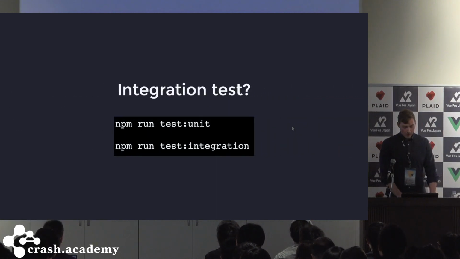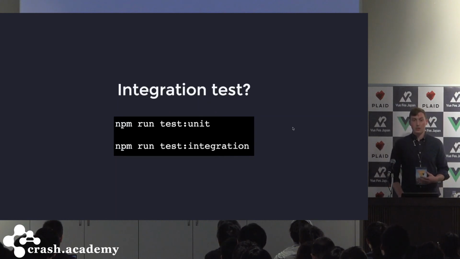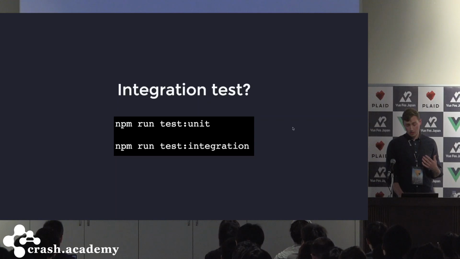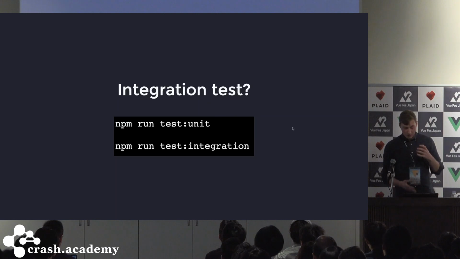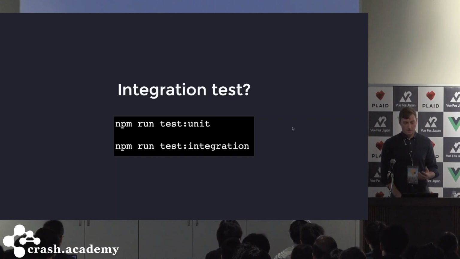So some people might wonder whether testing a store instance is actually an integration test. People like to split up tests into different test scripts. So you might have your unit tests, integration tests, end-to-end tests. I think the benefit of splitting your tests into different scripts is that different types of tests often have different requirements, or run at a different speed.